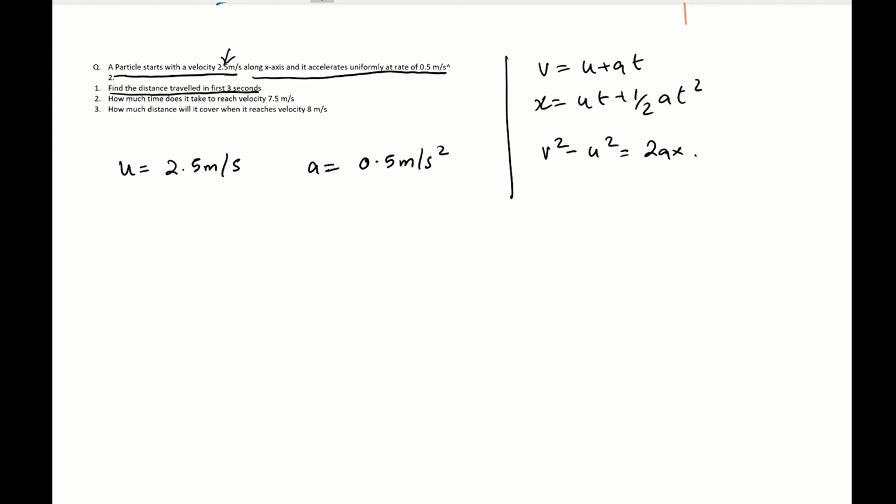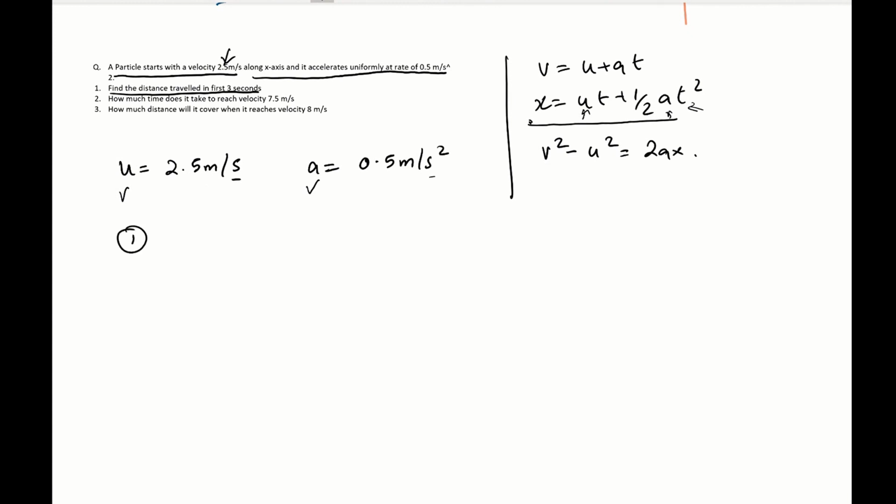Okay, so we need an equation that uses u and uses a, acceleration, to find the position or the distance traveled, which is nothing but this equation. You can see we have u and we have a, and we also have the time, which is 3 seconds. All our units are also in seconds, meters per second, so we don't have to convert or do anything.